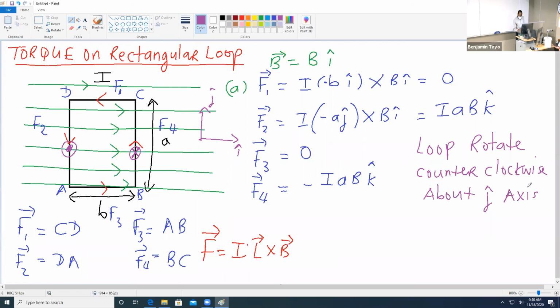Each time that you solve a problem, you need to tell me whether the rotation is clockwise or counterclockwise, and what is the axis of the rotation. So there's two things that I'm looking for here. First, I need to know, is it going to be rotating in the clockwise or counterclockwise direction? And this is very important.